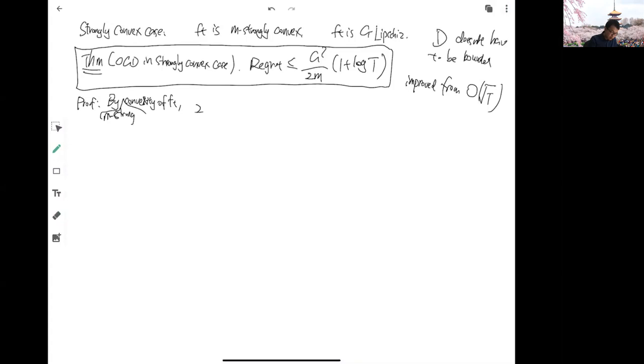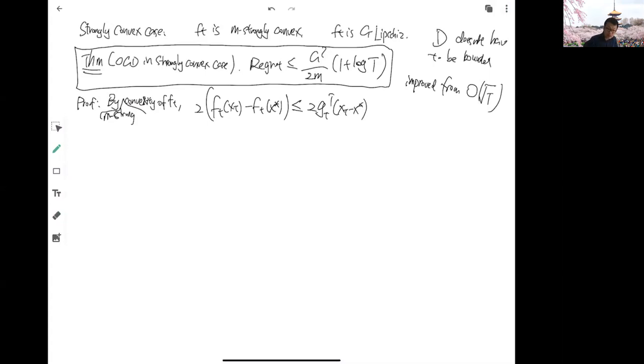The bound that we used previously is ft xt minus ft x star smaller than gt transpose xt minus x star.